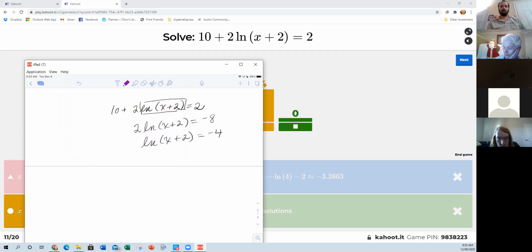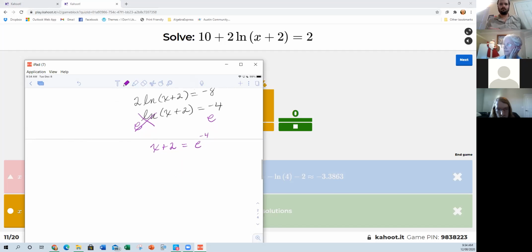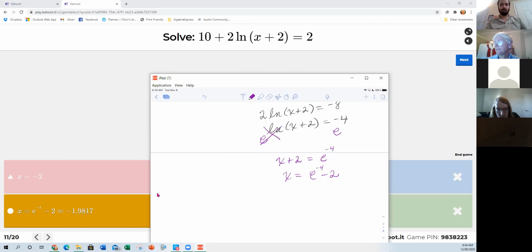There's more than one way to do this, of course. So I have e. I'm going to exponentiate it, make those numbers into exponents. So this cancels out. And that gives me x plus 2 equals e to the -4. And then I'll just subtract 2 from both sides, and I get x equals e to the -4 minus 2. And if you put that in the calculator, it should give you approximately -1.9817.